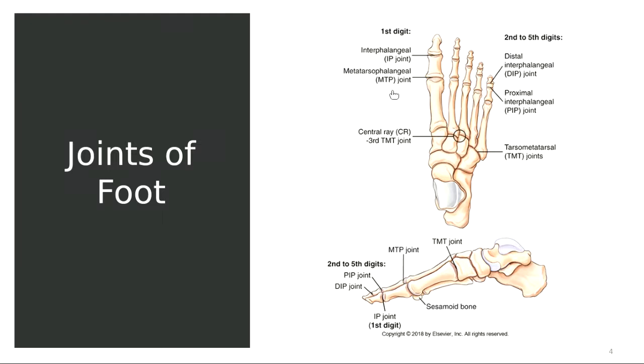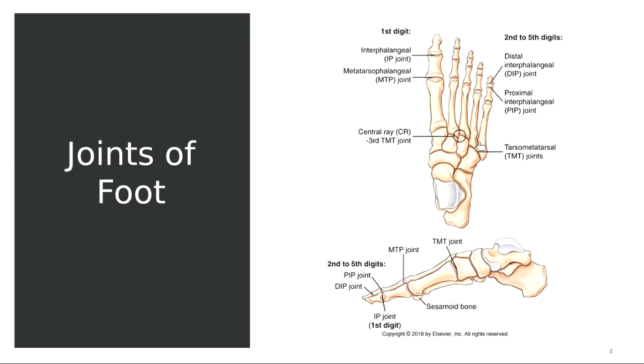And then just like the thumb, the first digit of the foot only has an interphalangeal joint, just one IP. And the other digits 2 through 5 have a DIP and a PIP. Okay, so tarsal bones, metatarsals, phalanxes that make up the phalanges. We have tarso-metatarsal joints where the tarsal bones of the foot meet the metatarsals.